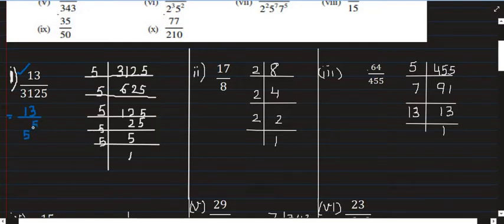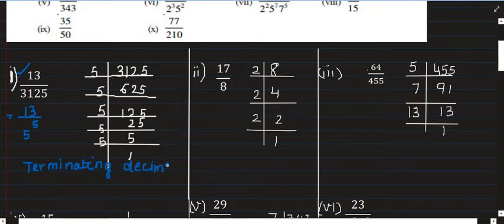So the denominator is in the form of 5 raised to the power 5. So it means it will have terminating decimal expansion, as the denominator is in the form of 5 raised to the power n.